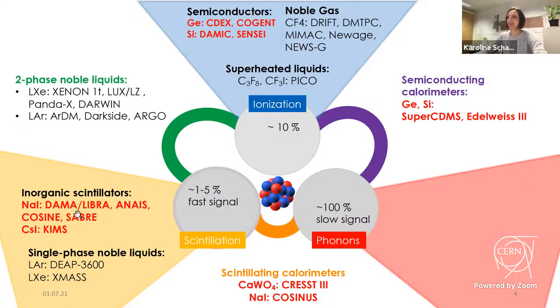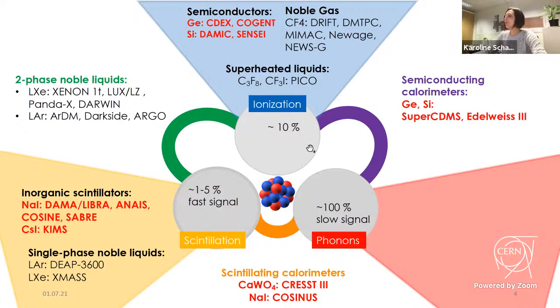And just a brief overview of what we will look at in this lecture. There are the scintillator experiments, which are DAMA or DAMA-like. Then there are pure ionization detectors, which I will report to you about with CDEX and also the skipper CCDs if we have time.